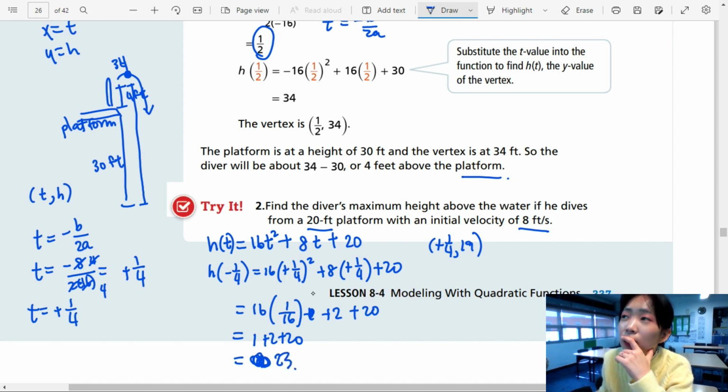Let's do that again. 16 times 1/16 is 1, and the middle term is 2.